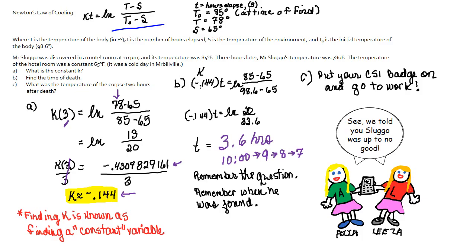So 7 o'clock take away 36 minutes gives me a time of 6:24. Now I know when to look at the surveillance cameras around Mr. Sluggo's motel room, hoping that there were surveillance cameras around there, and we may find out which person in Billville did this dastardly deed to Mr.